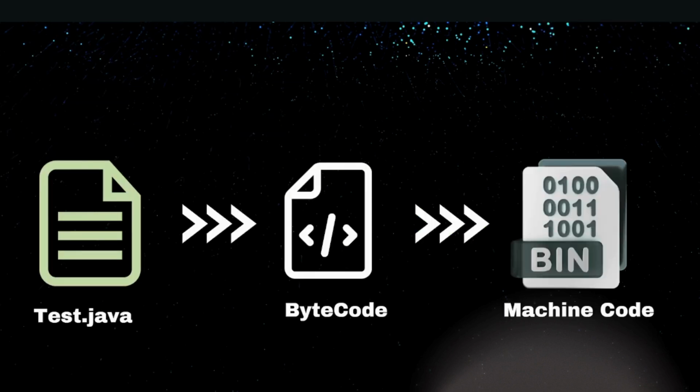Okay. Now, to know how Java code works or how you compile it, we need to understand what JDK, JVM, and JRE are.